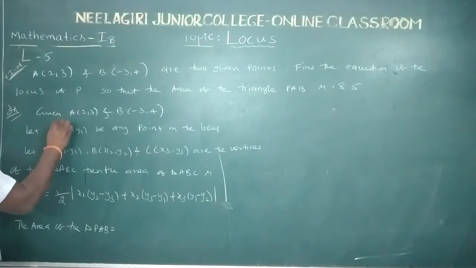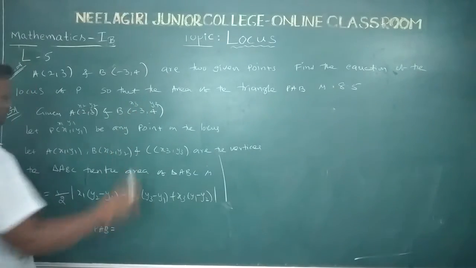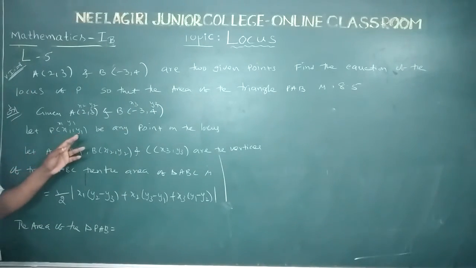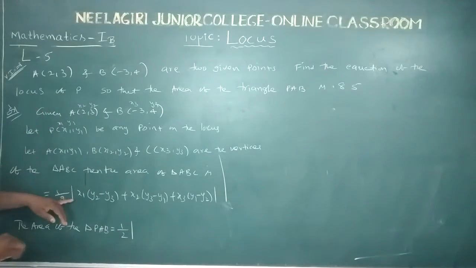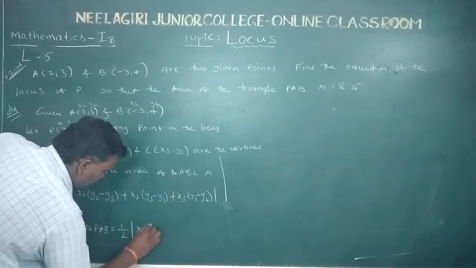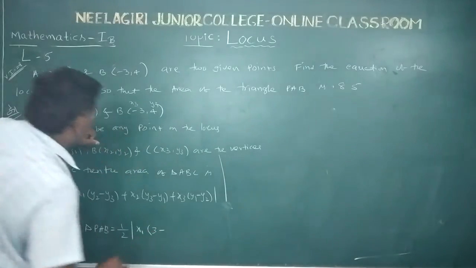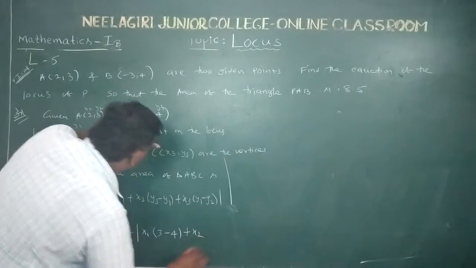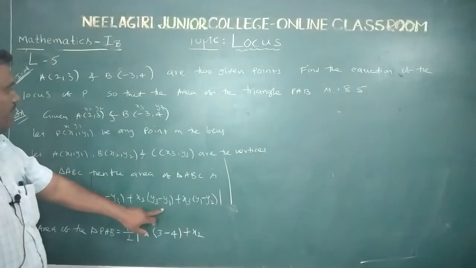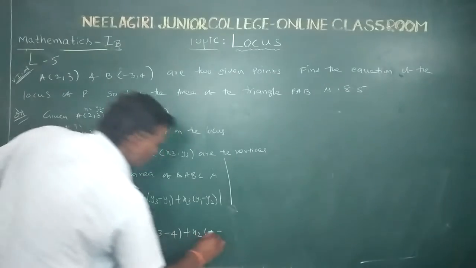Considering the points as x1 y1, x2 y2, x3 y3, the area is 1 by 2 into x1(y2 - y3). What is y2? It is 3, minus y3 which is 4, plus x2 into (y3 - y1). What is y3? It is 4, and y1 remains y1.